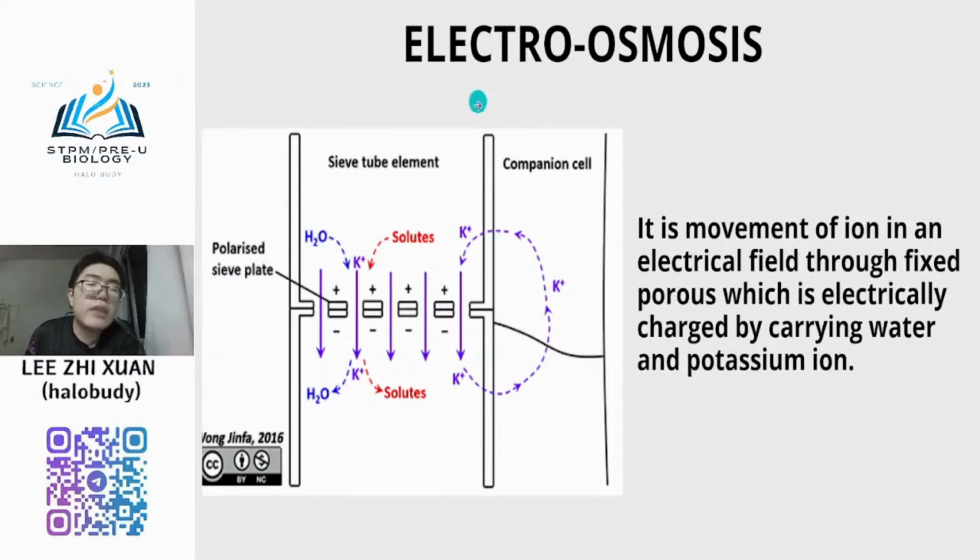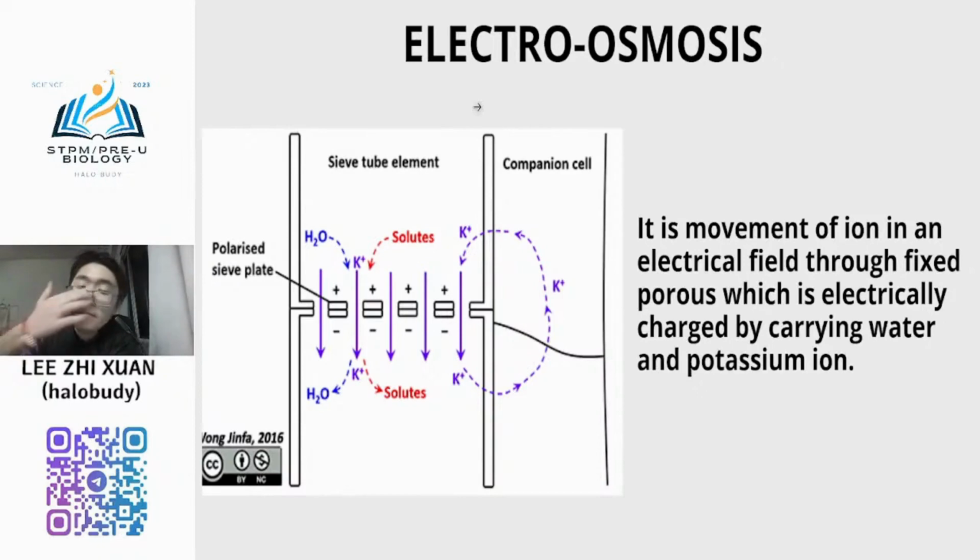Actually this is one type of chemistry theory, but in the STPM syllabus we do not learn that, which is one reason many people are confused. Anyway, even if you don't know the theory of electroosmosis, you can still remember it.